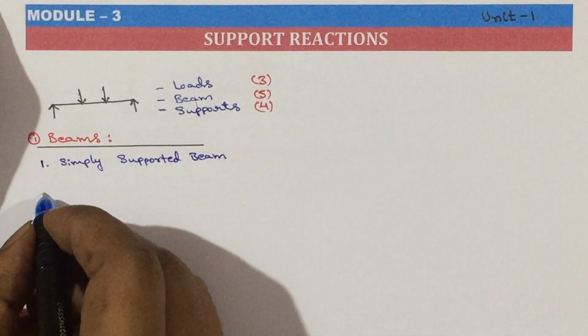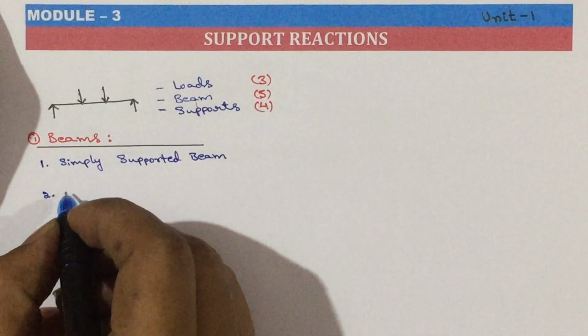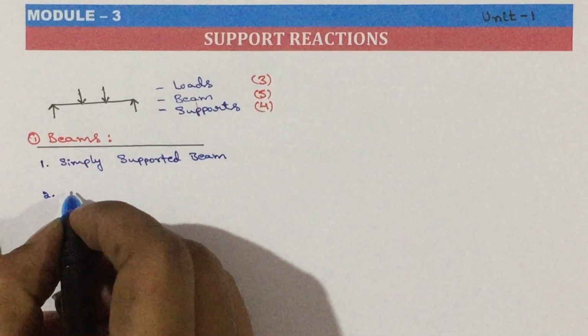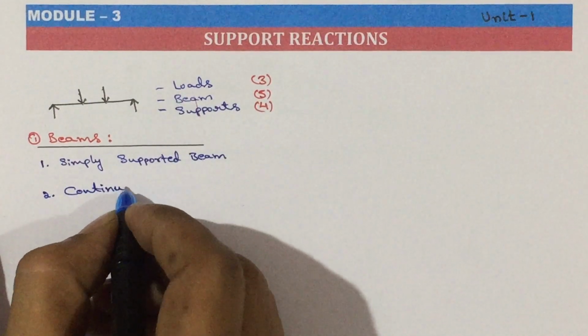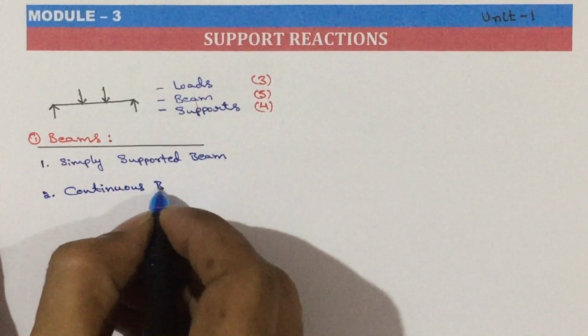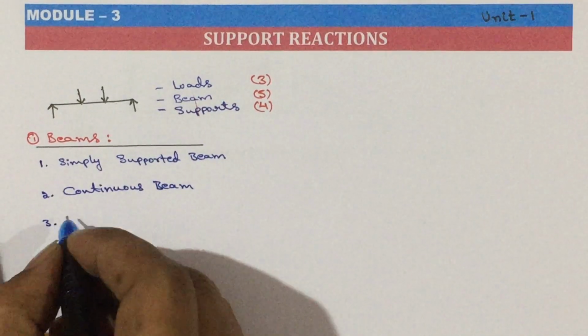The second one is continuous beam. Then the third one is overhanging beam.